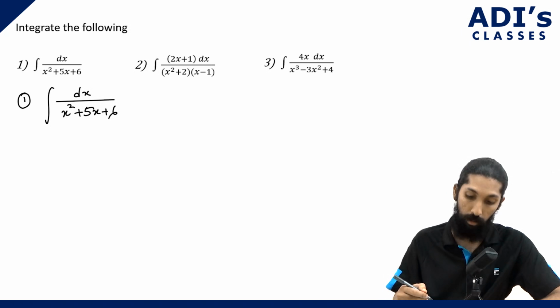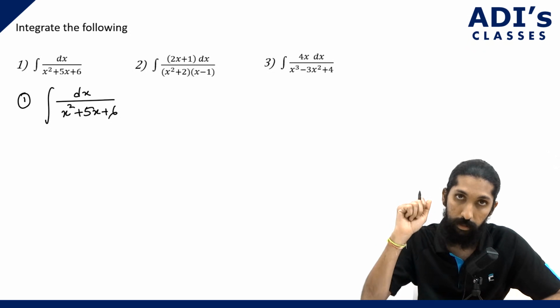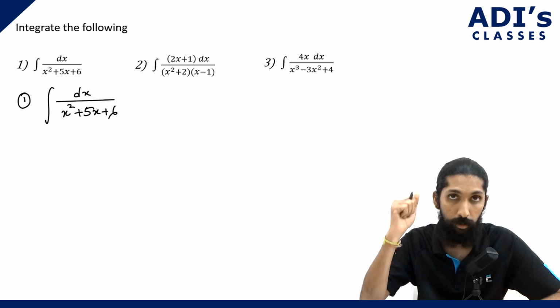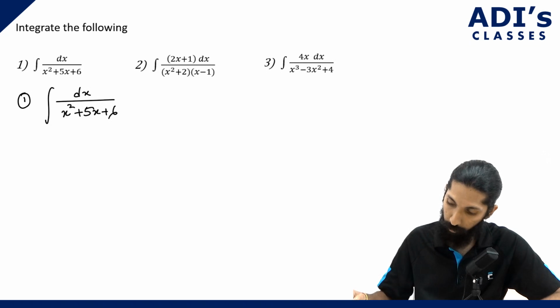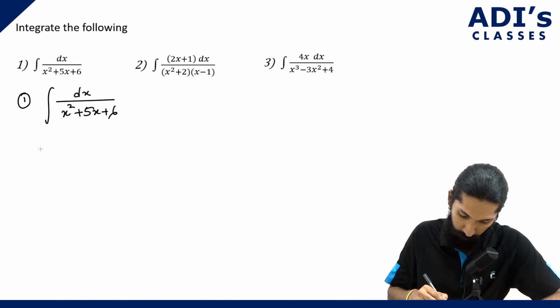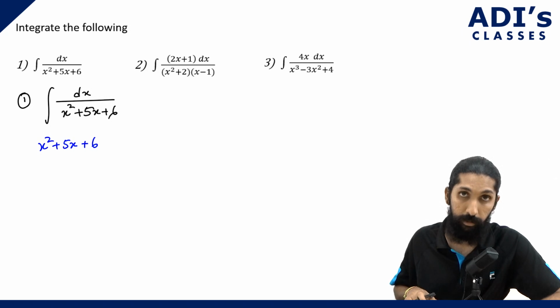Now, first and foremost, try to split, in the sense, try to get the factors of the denominator. That should be your first step. So we are doing x square plus 5x plus 6. All of you know how to do splitting the middle term, right?